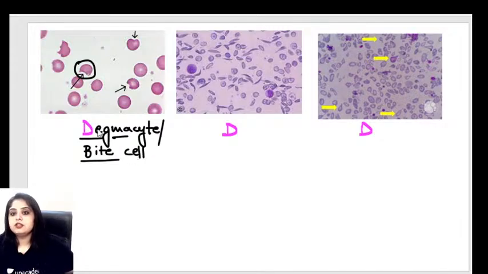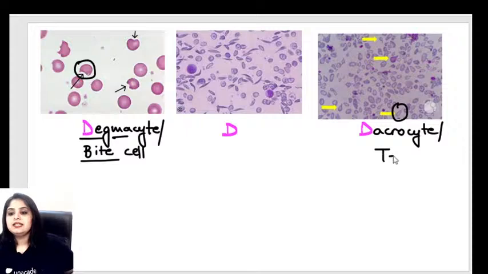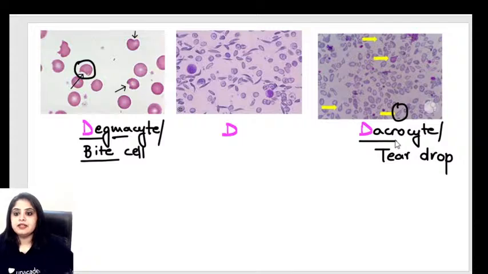So degmacyte, dog, bite. Coming to this one, this is the dacrocyte. Dacrocyte basically means teardrop cell. I think everyone knows that in ophthal, when we use the word dacro, we use it for the lacrimal gland, like dacroadenitis. So the dacro word is for the lacrimal gland, which produces tears. So dacrocyte is the word that I will be using for the teardrop cell.